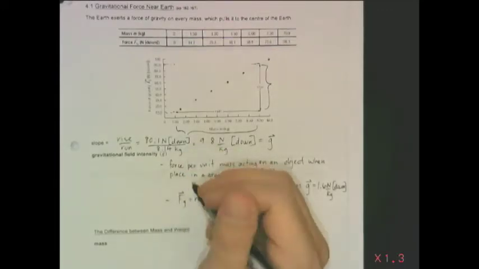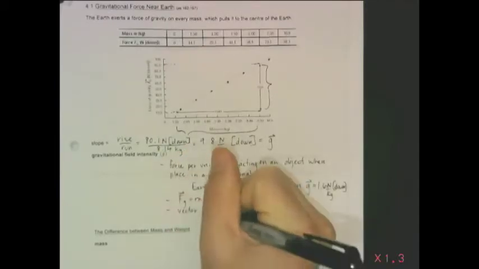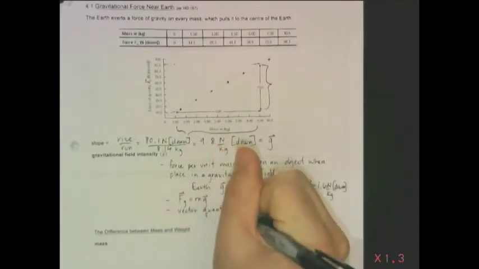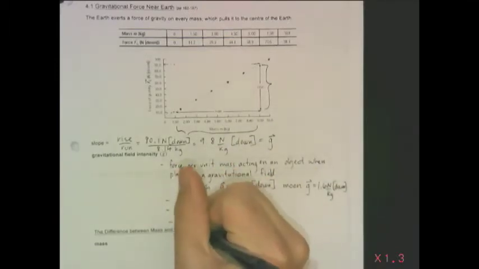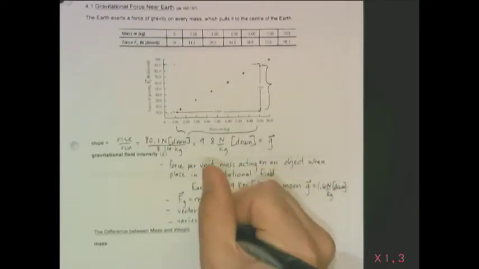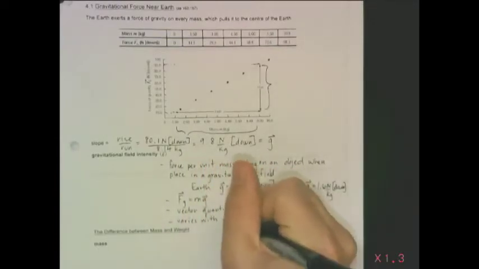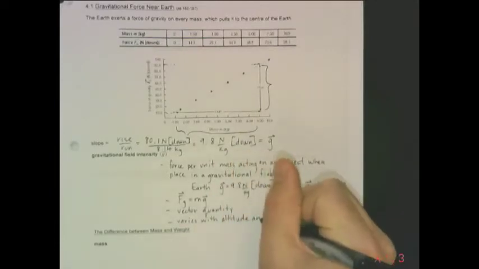It's a vector quantity, g, and it varies slightly with altitude and latitude.